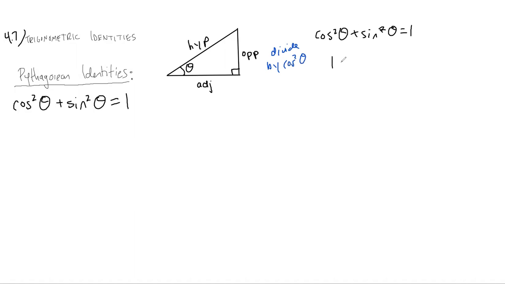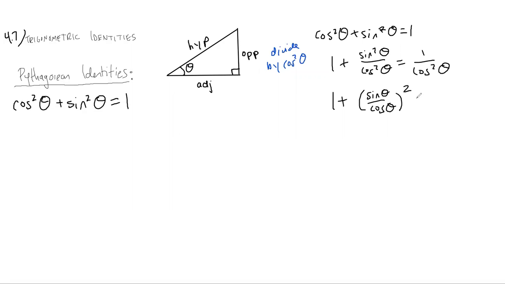And so what I'll get is 1 plus sine squared theta over cos squared theta equals 1 over cos squared theta. And if I rewrite this, I will have 1 plus sine theta over cos theta squared equals 1 over cos theta squared.